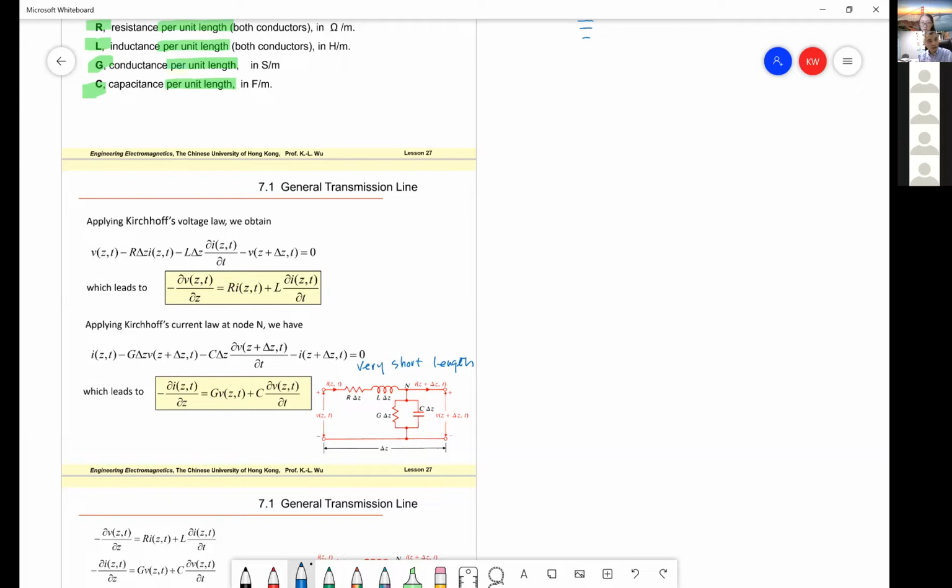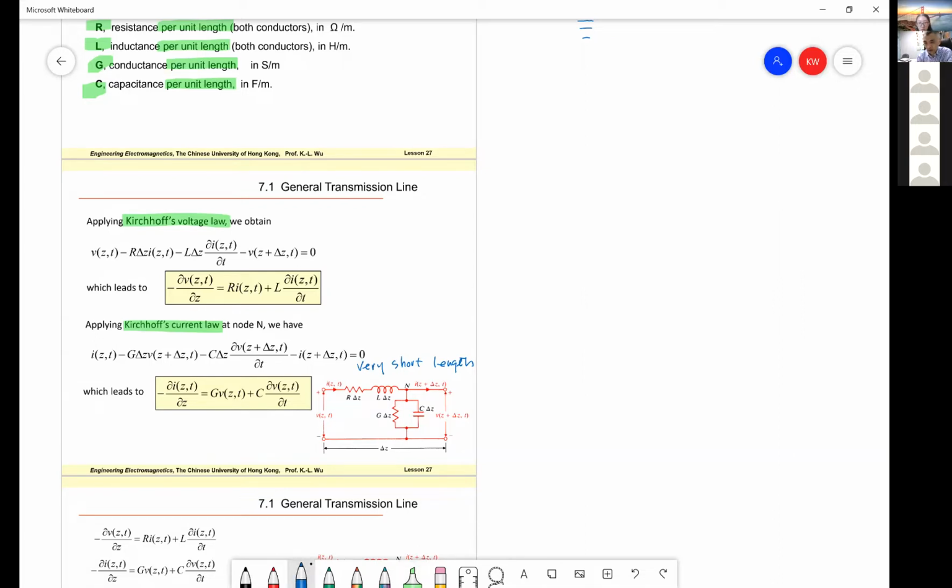A very short length. Then let's apply KVL and KCL. So how to apply the KVL, KCL?